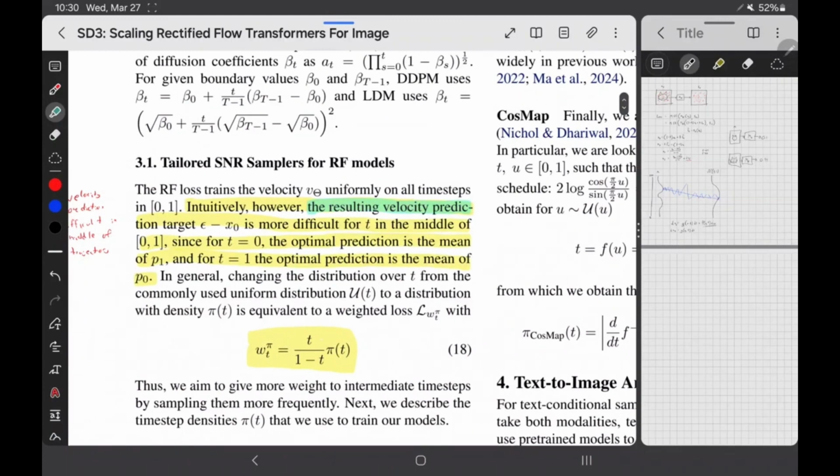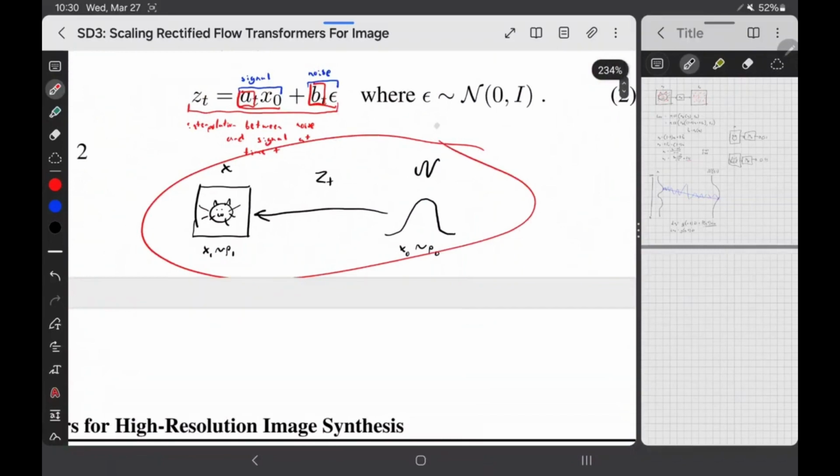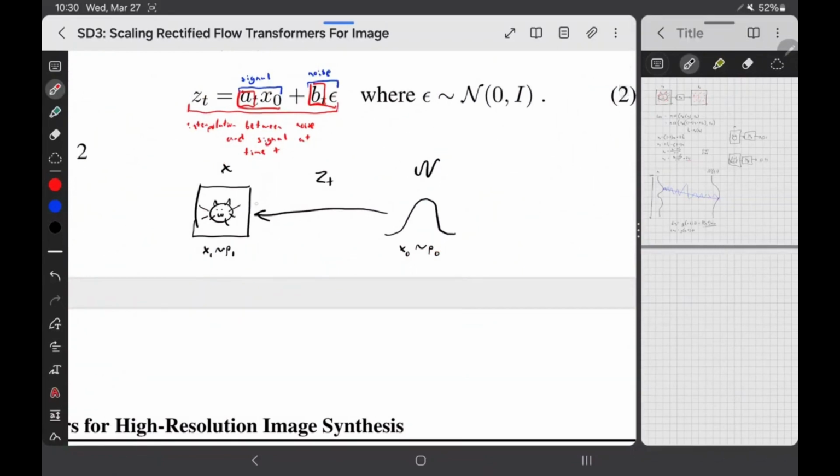that the resulting velocity prediction target is more difficult for t in the middle, between 0 and 1, because for t equal to 0, the optimal prediction is the mean of p1, and for t equal to 1, the optimal prediction is the mean of p0. So on your trajectory here, it is quite easy for the model to predict either completely on the left or completely on the right, because you either have all noise or you have all signal.